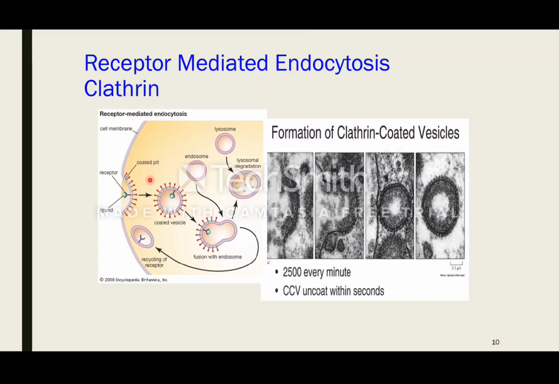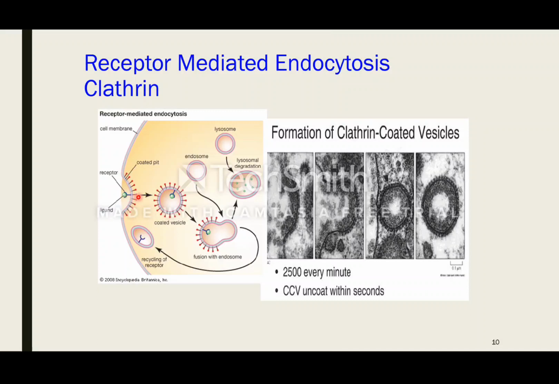There is one protein in the cell named clathrin that is generally located in most cells. This protein facilitates the invagination and pinching of the cell membrane and the formation of the vesicle. The ligand joins to receptors, clathrin proteins aggregate under the cell membrane, facilitate the invagination of the cell membrane, and form the coated pit.